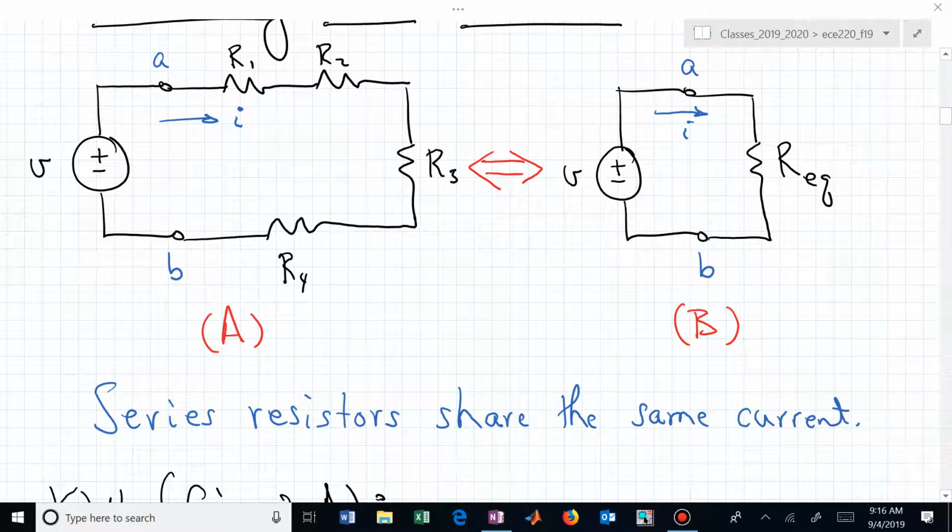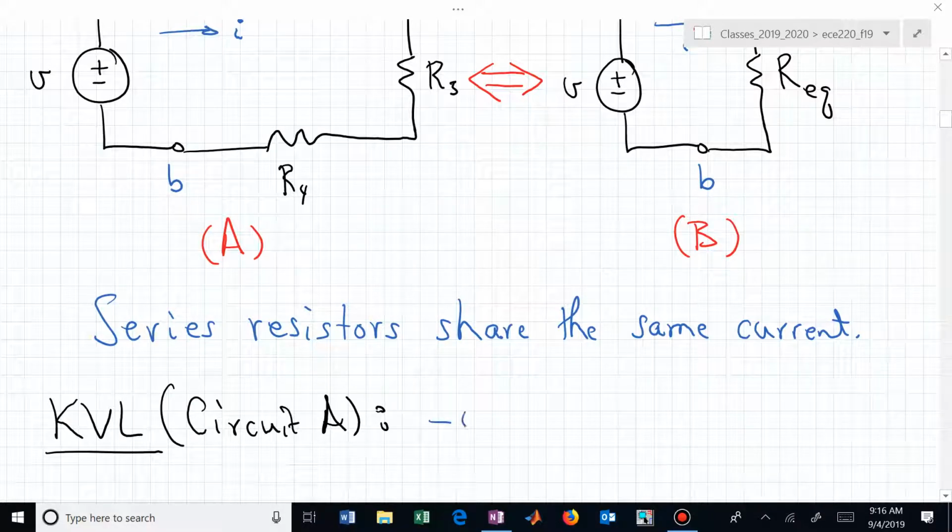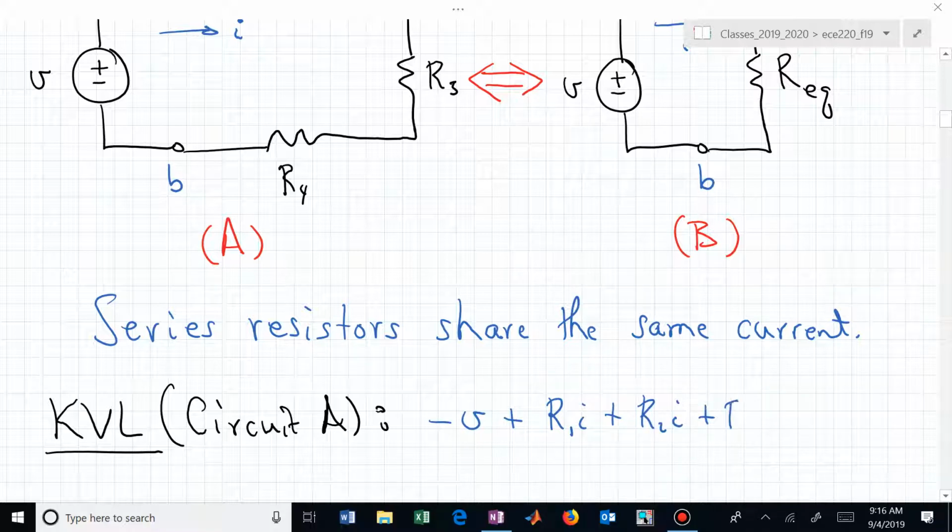Let's consider voltage drops. What do we experience first going up through the voltage source V? That's a negative drop, is it not? So there's minus V plus R1I plus R2I plus R3I plus R4I is equal to 0.